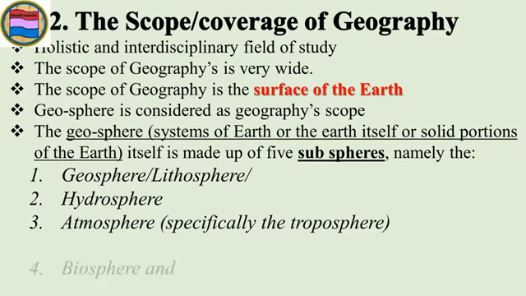And the other scope of geography, or the coverage of geography, is known as the biosphere, which refers to the zone on Earth where living organisms exist, including the plants, the animals, and the microorganisms. Therefore, geographers study the distribution of ecosystems or biodiversity, biomass, and ecological processes.